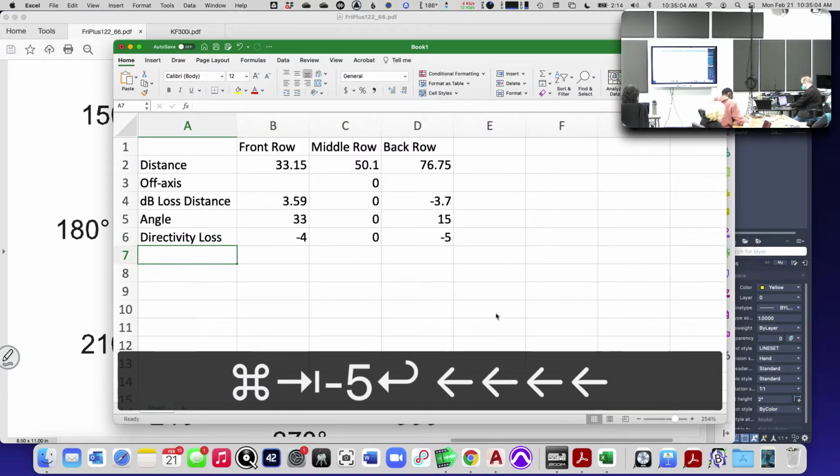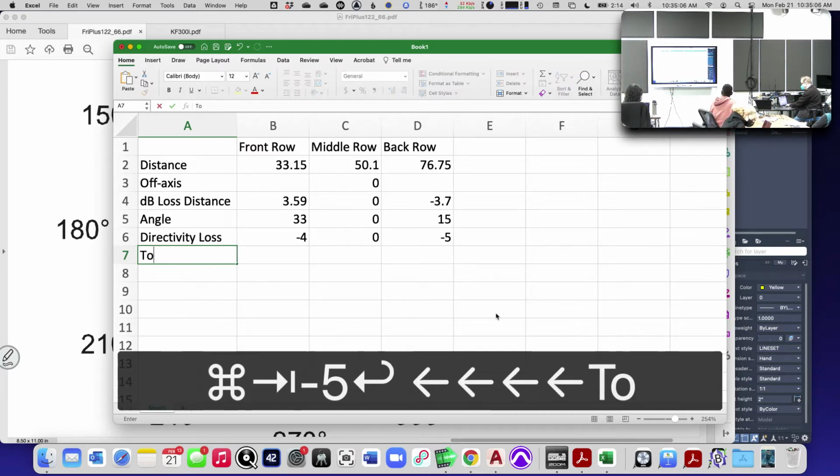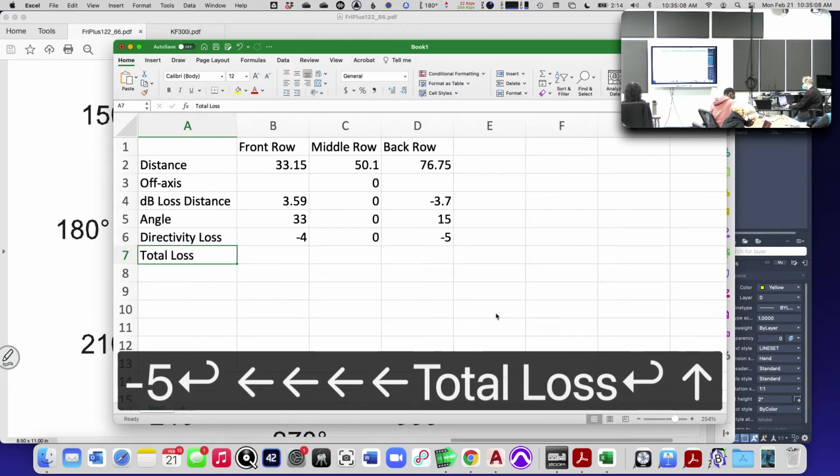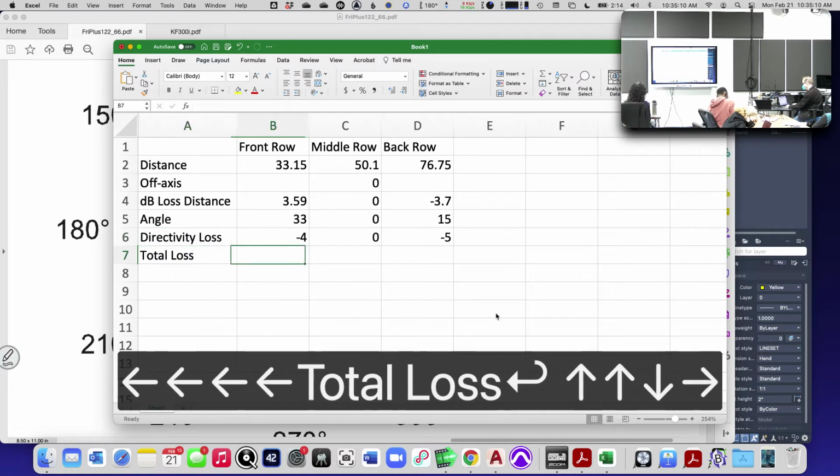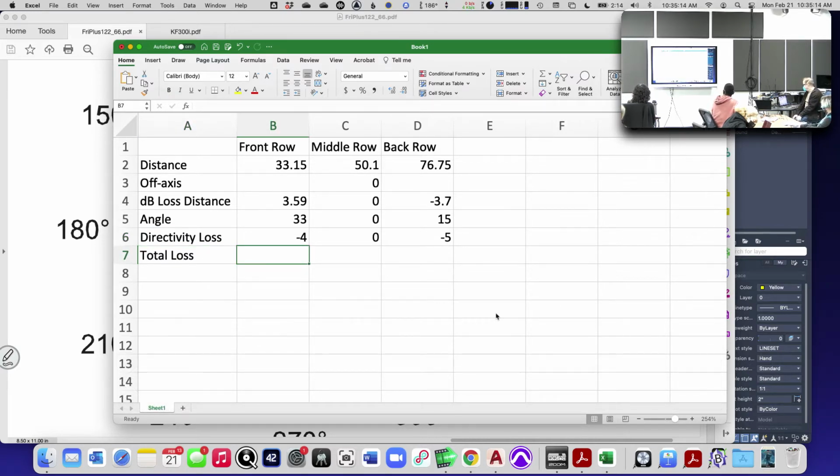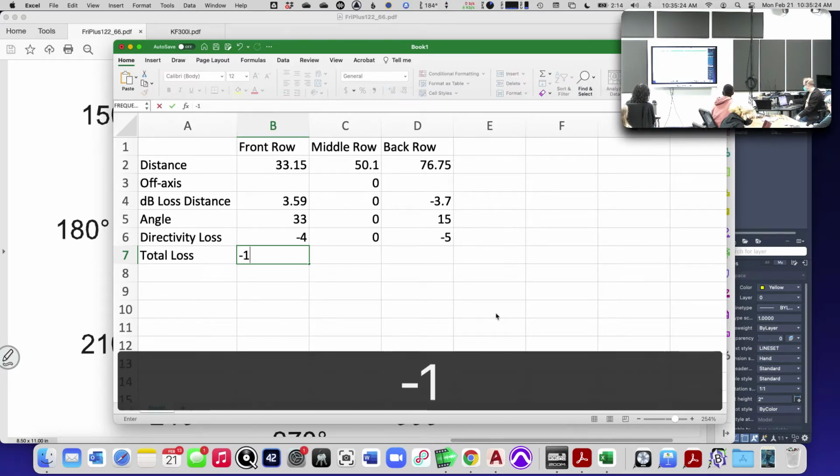All right, so what's our total? Well, what is positive 3.5 plus a negative 4? Yeah, so we're minus 1.5 dB at the front row.